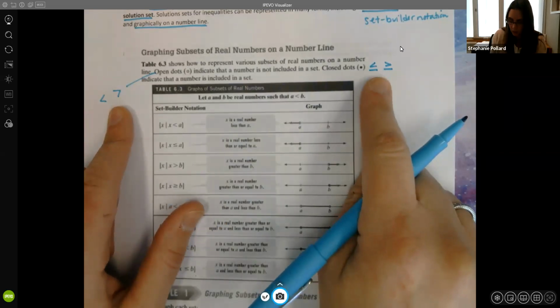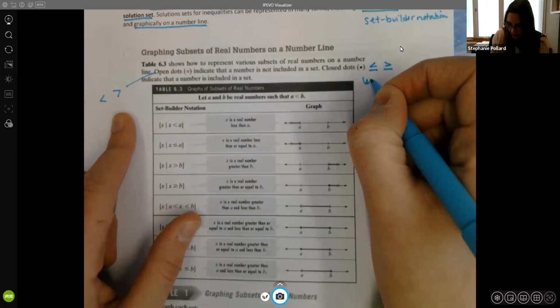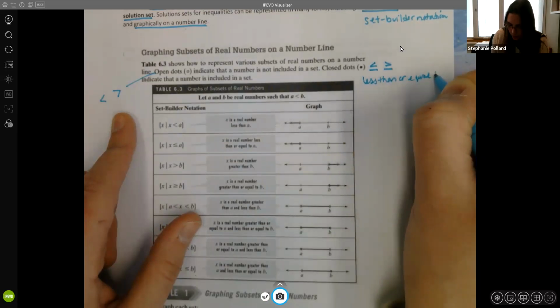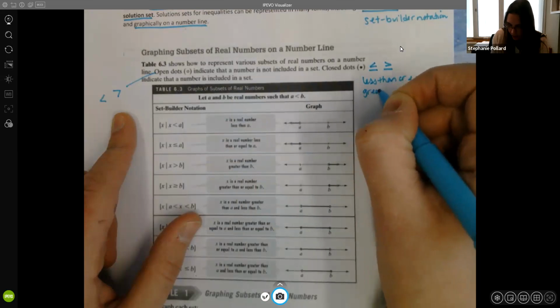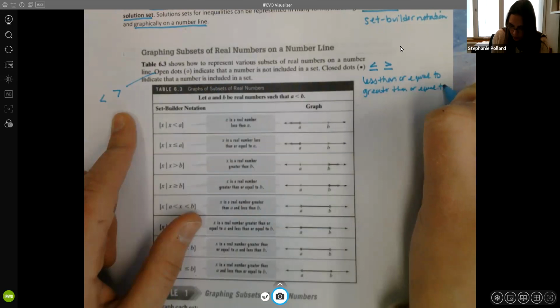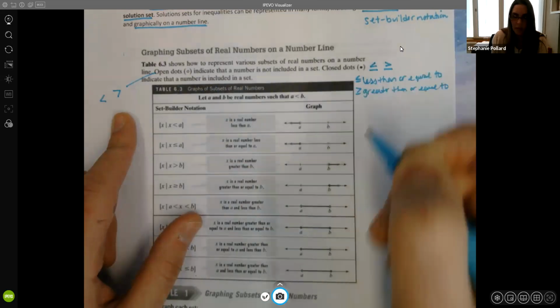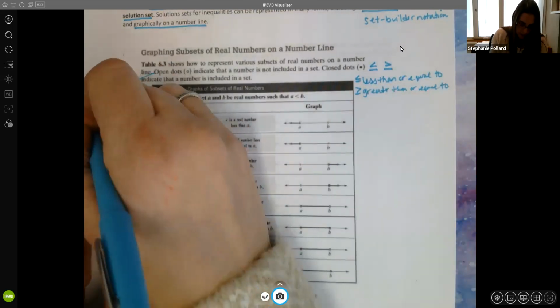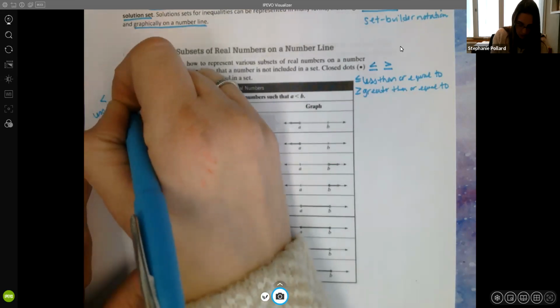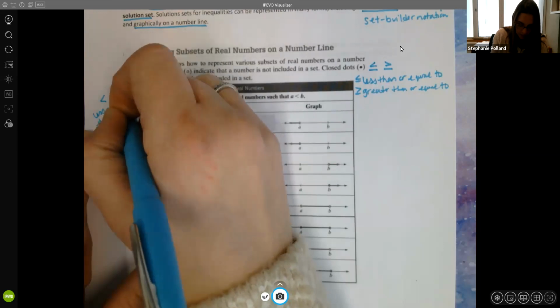So remember these two, this would be your less than or equal to, and your greater than or equal to, so less than or equal to, greater than or equal to. Here you have your strict less than, and here you have your strict greater than.